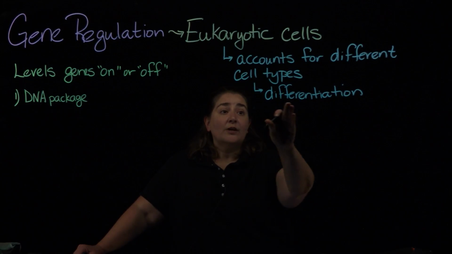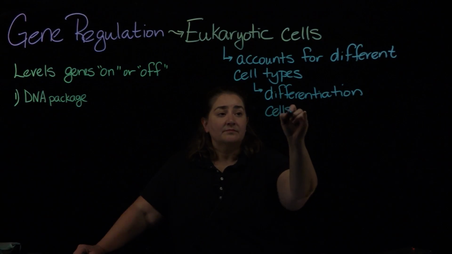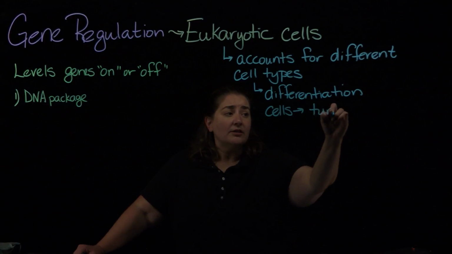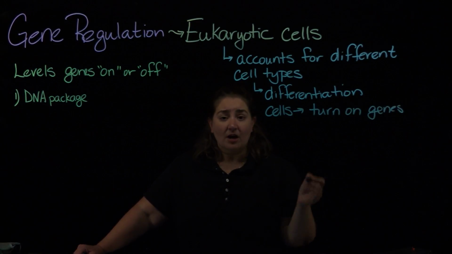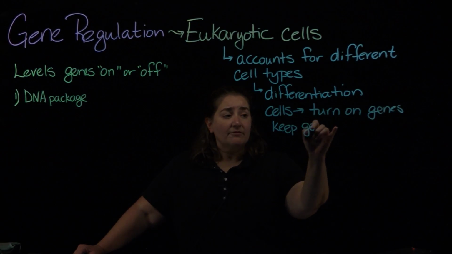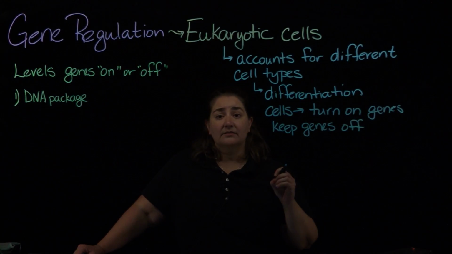So what'll happen with cells, okay, cells are going to turn on the genes they need to do their job and keep the genes off that are not necessary, okay?